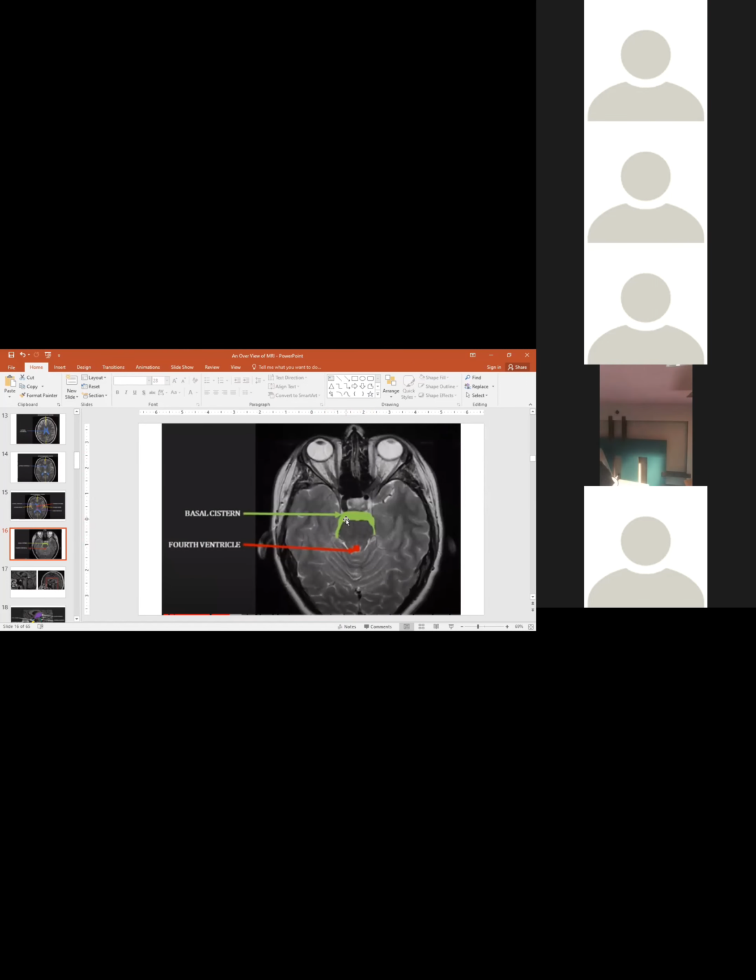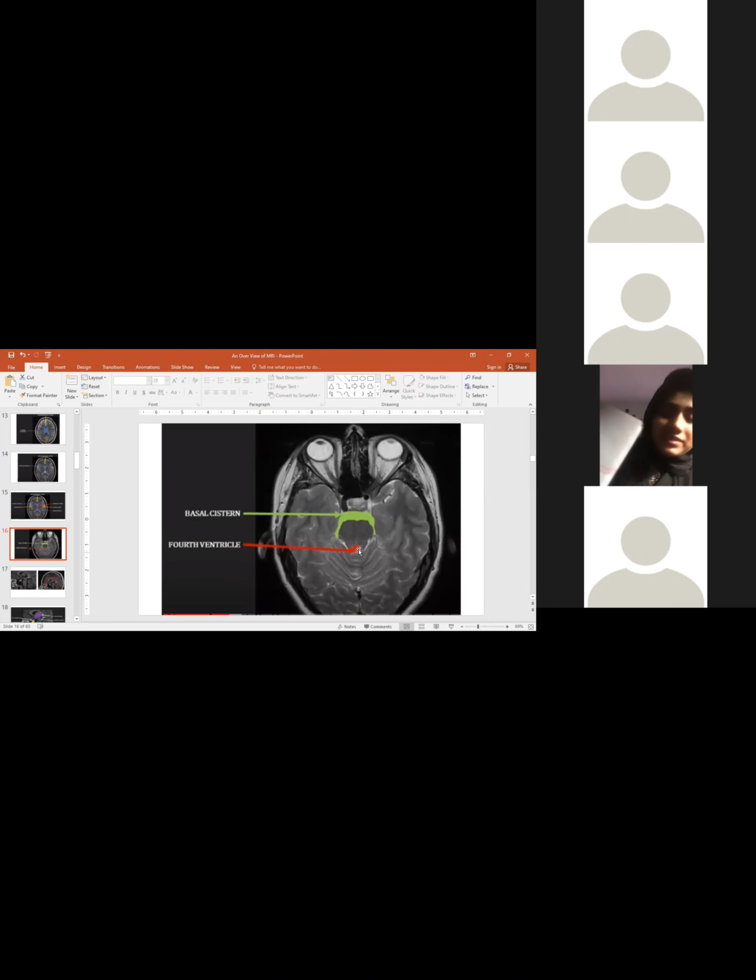Basal cistern also contains CSF. So CSF is in the lateral ventricles, in the third ventricle, in the fourth ventricle, in the sulci, and in the spinal canal. But here in the basal cistern, we can also see the CSF.